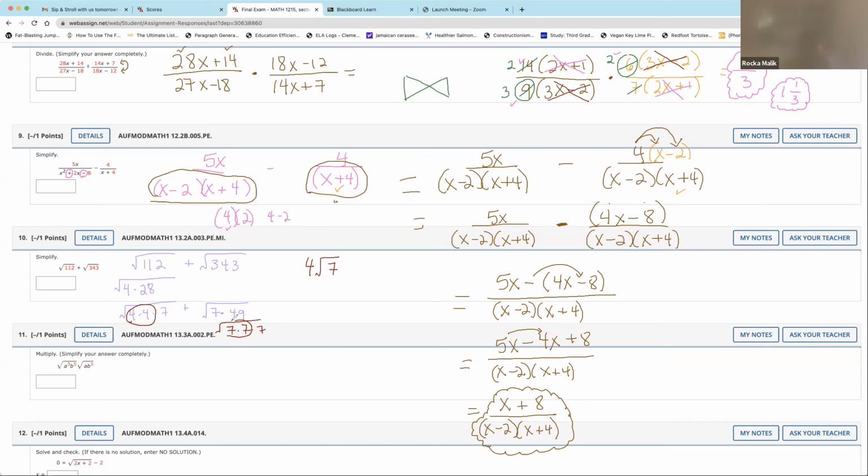So one of the 7s will come out and one stays inside. And now since I have the exact same number under the radical sign, I can treat it like a variable. So 4 root 7, plus 7 root 7s is going to give me 11 root 7.